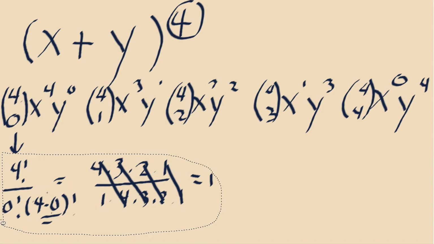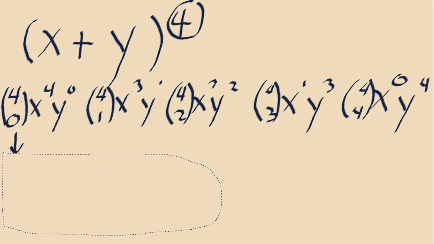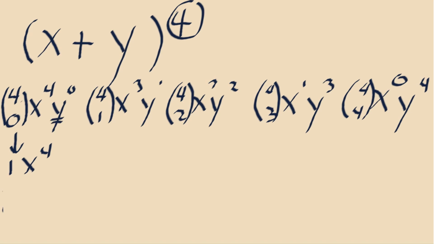So we got 1 for our first coefficient. Okay, so this is going to be 1, x to the 4th. Now y to the 0 is also 1. Plus, what about this combination of 4 taken 1?